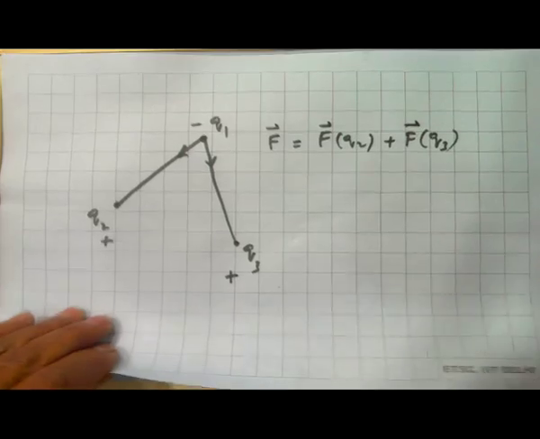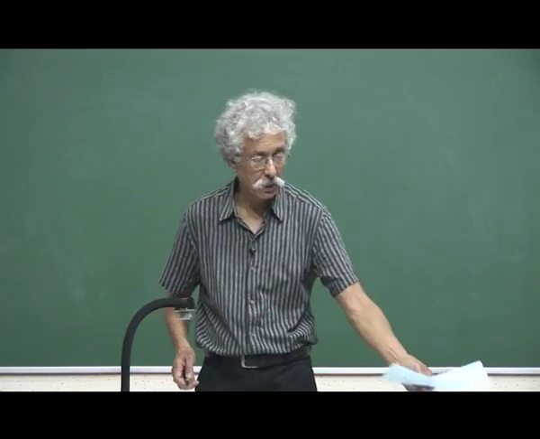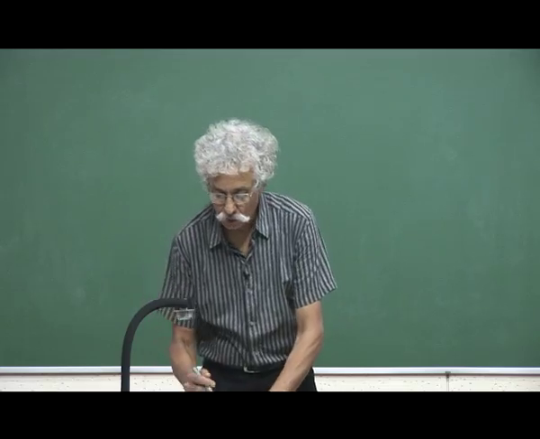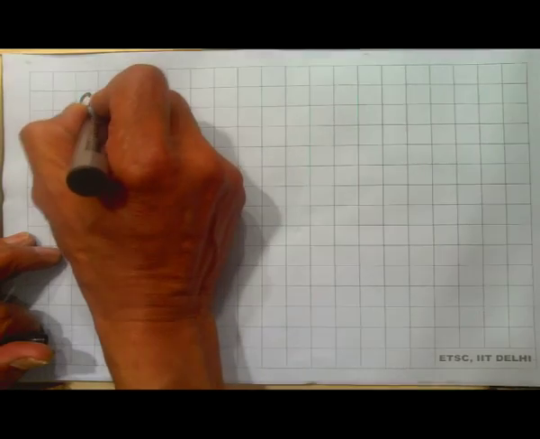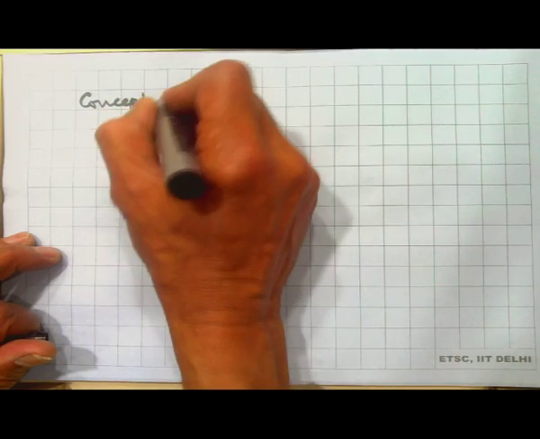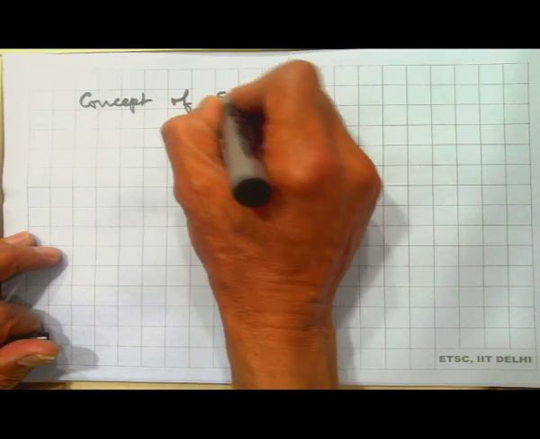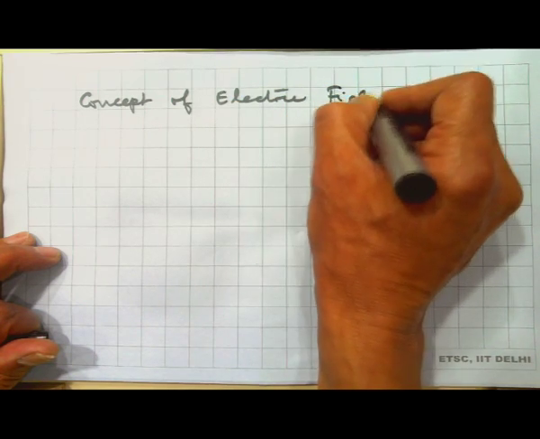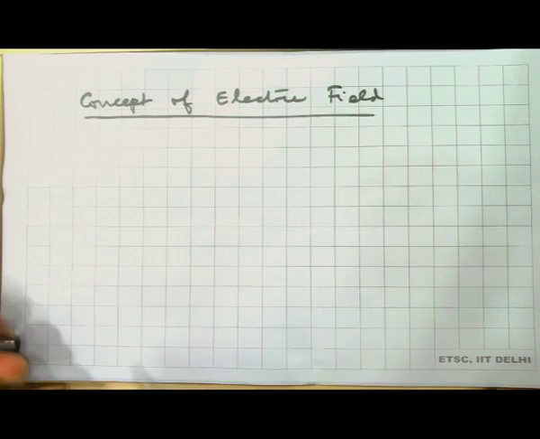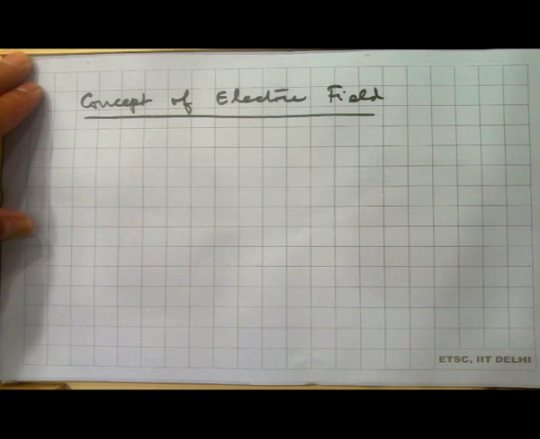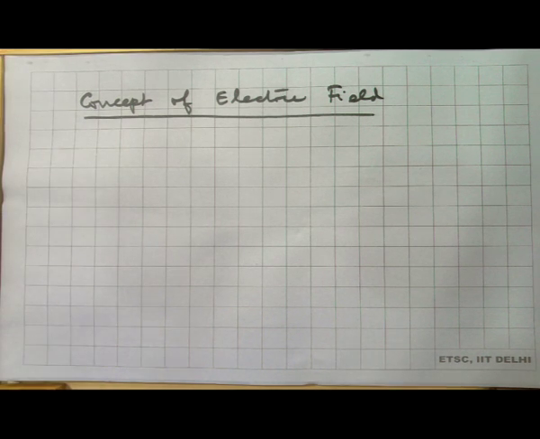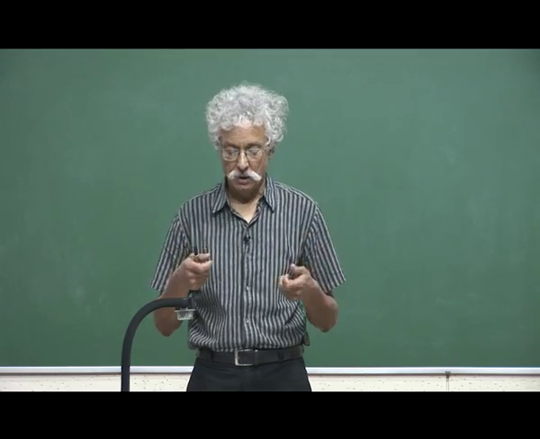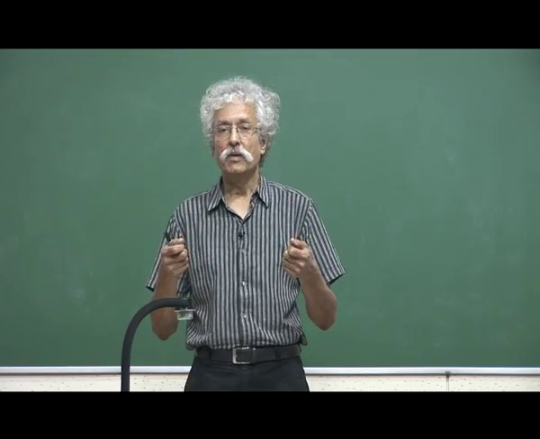Today, I am going to introduce a very important concept in electrostatics, that is the concept of electric field. Now, we saw in the experiments that the two straws which were rubbed had charges.